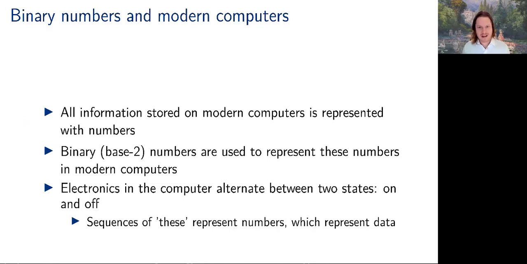But what I really wanted to talk about on this slide was that all information stored on modern computers is represented with numbers. Binary base 2 numbers are used to represent these numbers in modern computers. This is because electronics in the computer alternate between two states, on and off, and sequences of these represent numbers, which in turn represent data.